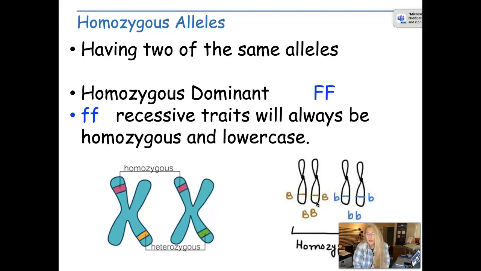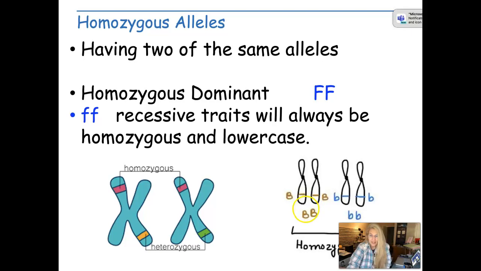And then we have pair number 23, which is considered the sex chromosomes, being that girls get 2 full X chromosomes and males get 1 full X chromosome and a partial of the Y chromosome. And that's for humans. Humans have 23 pairs.